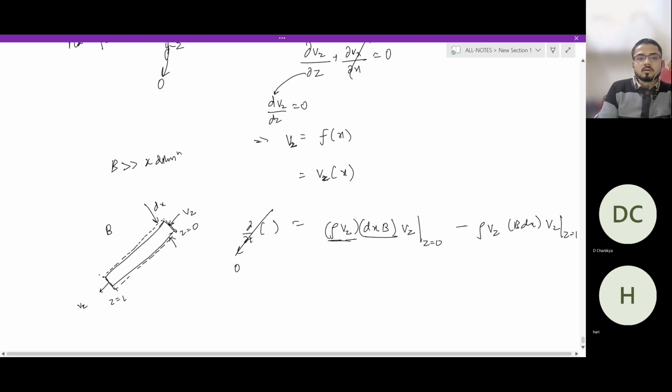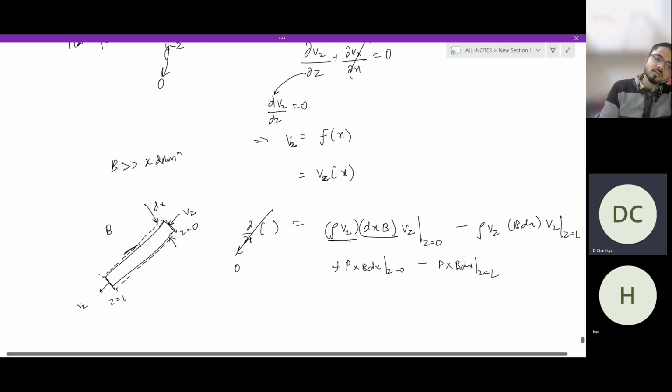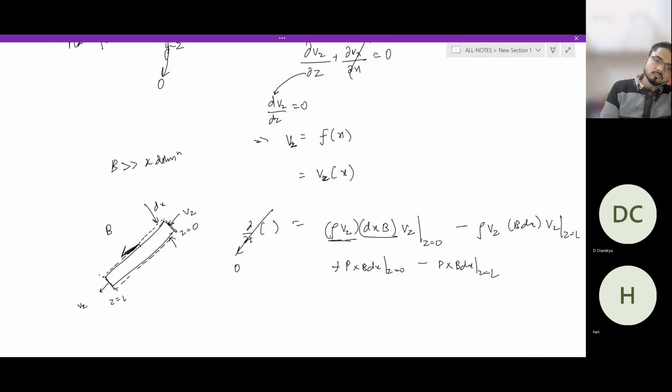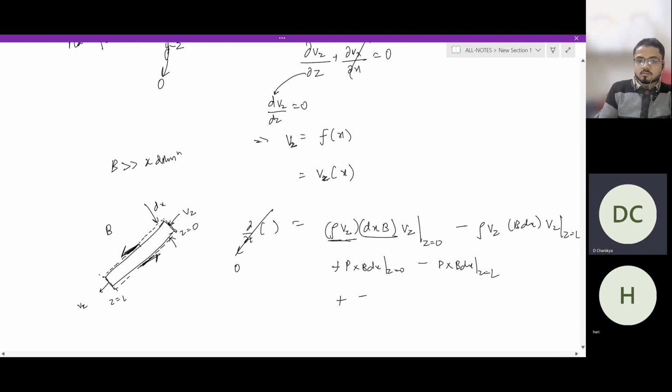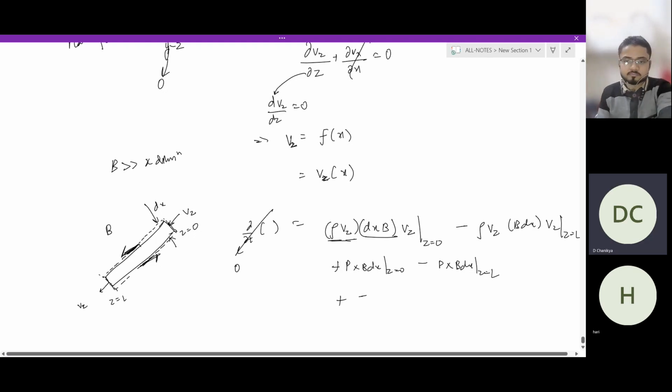Now write the pressure condition. This is P times b dx at z equals 0 minus P times b dx at z equals L. Now we equate these stresses, plus the gravitational force, yes, that will also come.